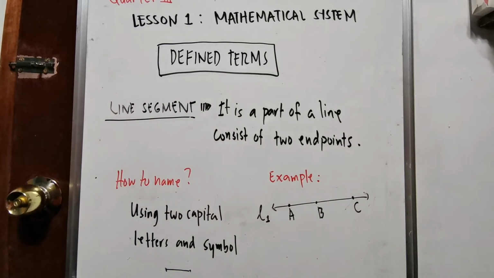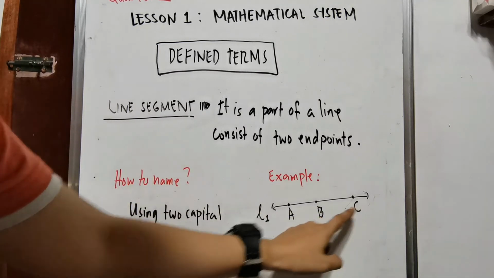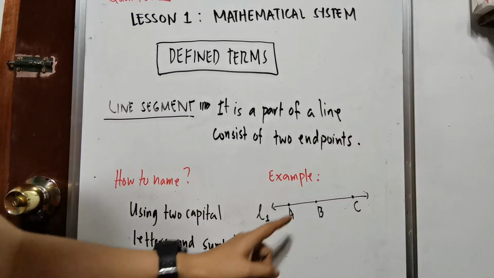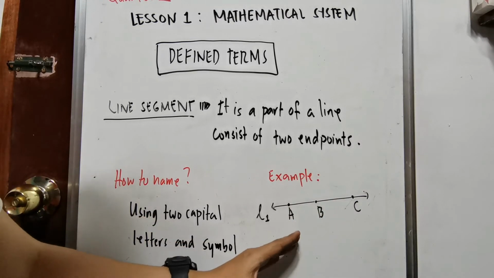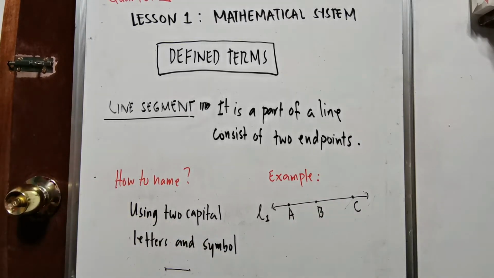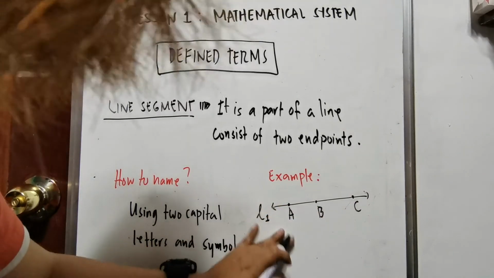Another example for line segment, let's say we have this given line. From this line, we can name different line segments. Let's say we have these 2 points.